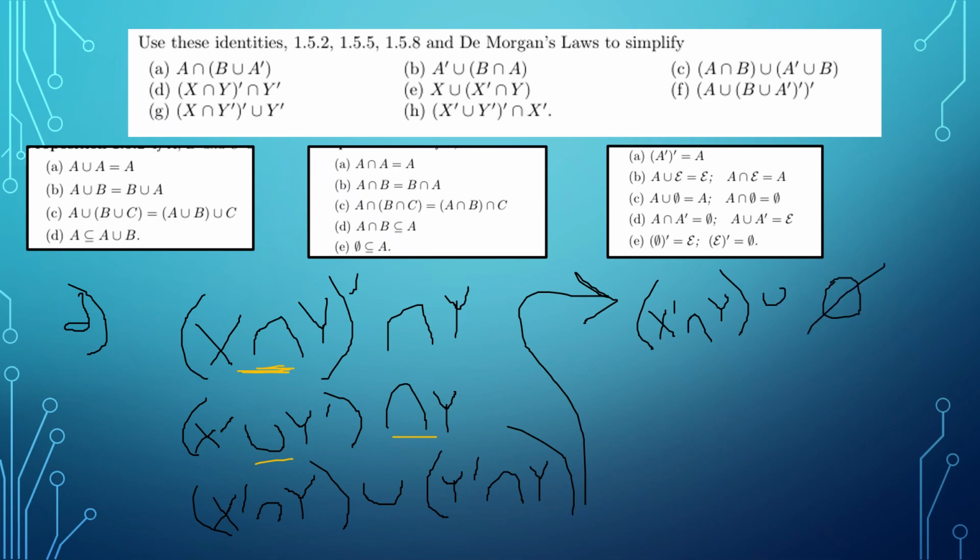And when we have an empty set, in this case it's a union, our final answer will remain as not x intersection of y.